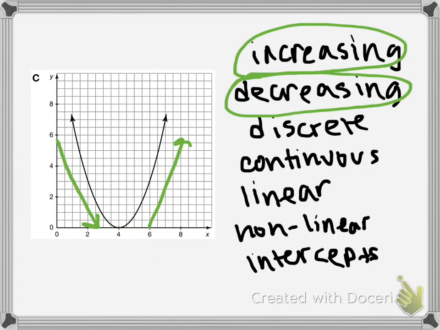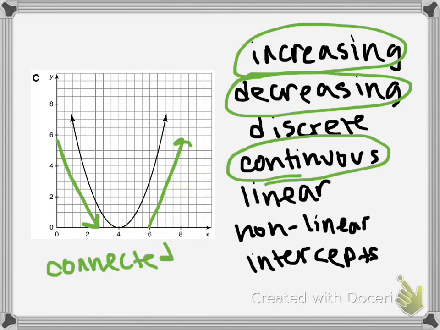So this one is both increasing and decreasing. You can draw this line in one motion of the pencil. You don't have to pick your pencil up. So it means that it's connected and continuous. And since this doesn't create a straight line, it's non-linear.